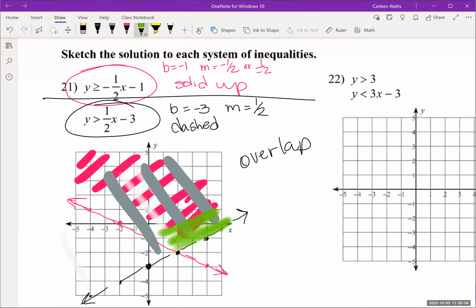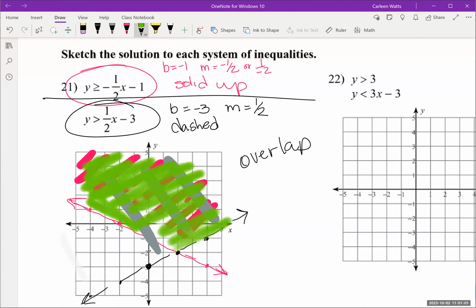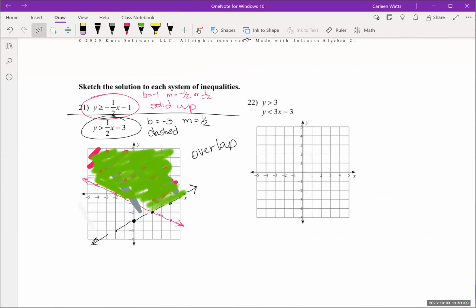The solution is where the two shadings overlap. There's the solution. Okay, 22, do not do.